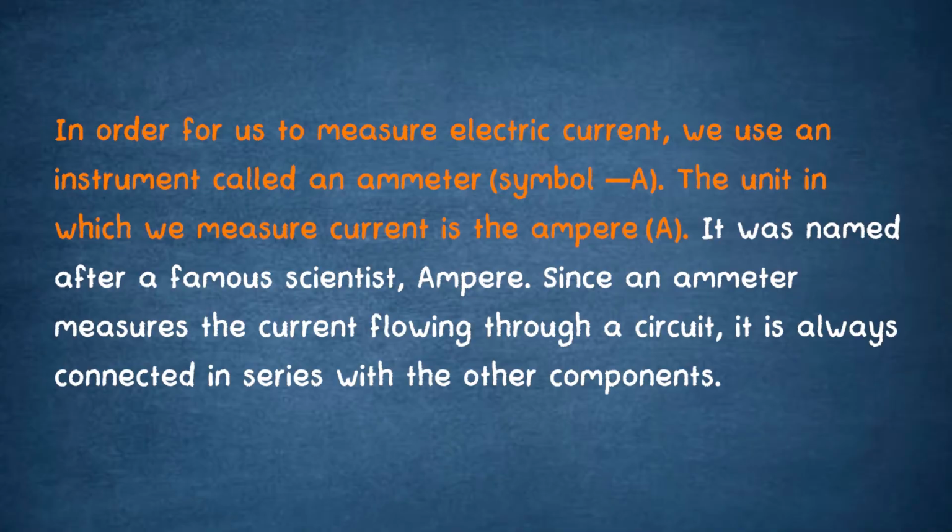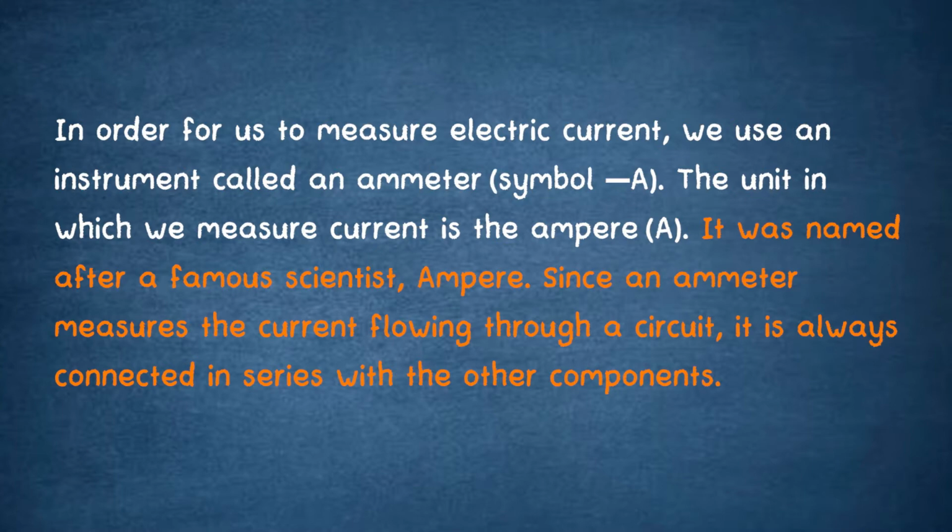In order for us to measure electric current, we use an instrument called an ammeter, and it has the symbol capital letter A. The unit in which we measure current is called an ampere, and it's represented with a capital letter A as well. It was named after a famous scientist, Ampere. Since an ammeter measures the current flowing through a circuit, it is always connected in series with the other components.